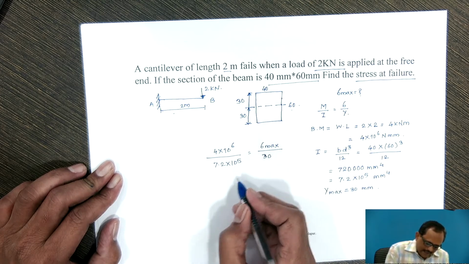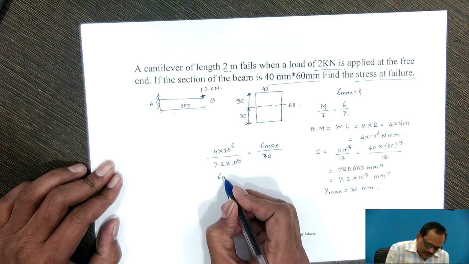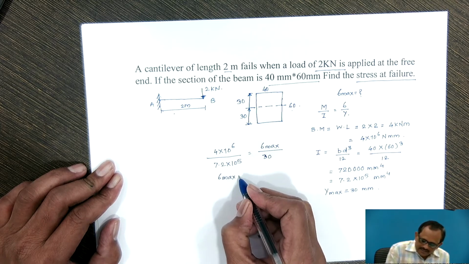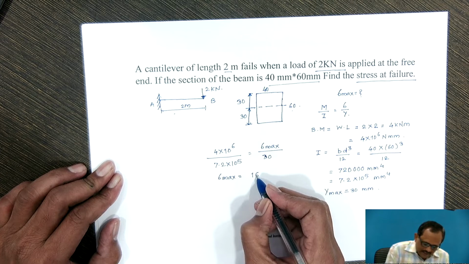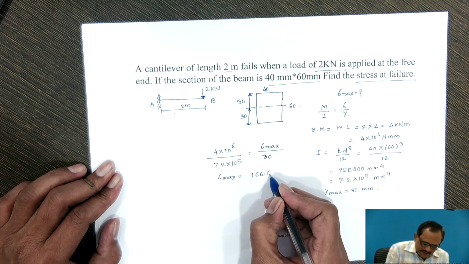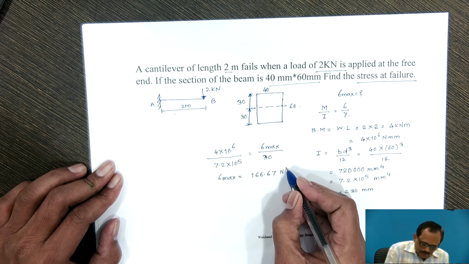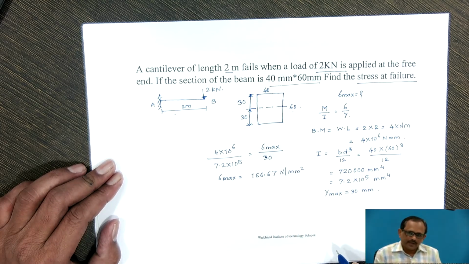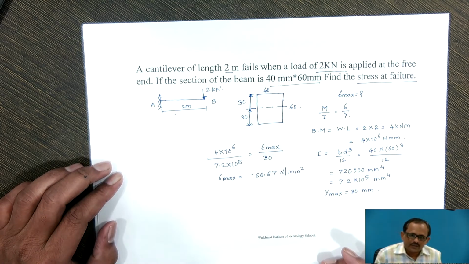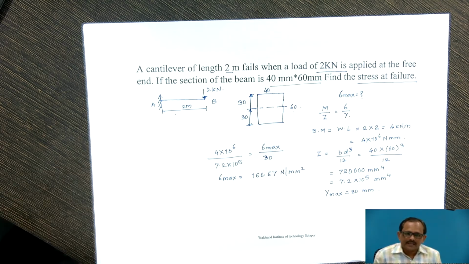By doing the calculation, you can find out the stress at the failure, which is equal to 166.67 Newton per mm square. Okay. So by this we can determine the stress at the failure.